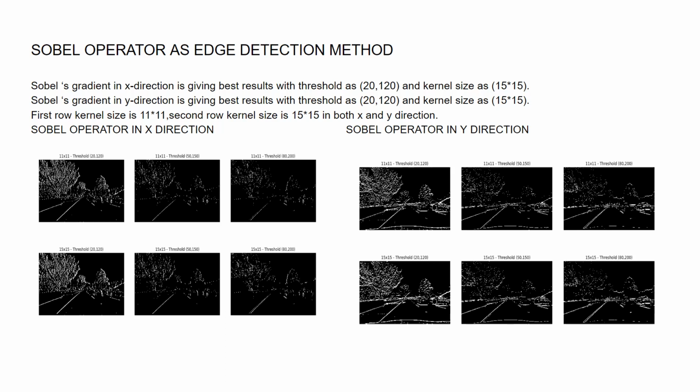We have obtained the images by applying Sobel's operator in the x direction and in the y direction. In both directions, threshold values of 20 and 120 and a kernel size of 15 by 15 give better results, so we will go ahead with those values.